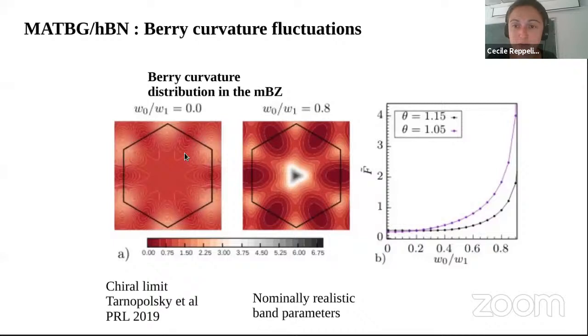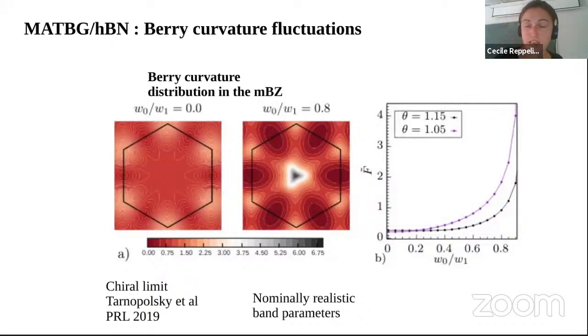And you can tune it extremely well in twisted bilayer graphene by tuning the relaxation ratio from the chiral limit, W0 over W1 equals 0, for details of what the chiral limit means I refer you to this paper, to some realistic value where the fluctuations of the Berry curvature in the mini-Brillouin zone are much larger. And you see the Berry curvature fluctuations now as a function of relaxation ratio. It becomes much larger for more realistic relaxation ratio.